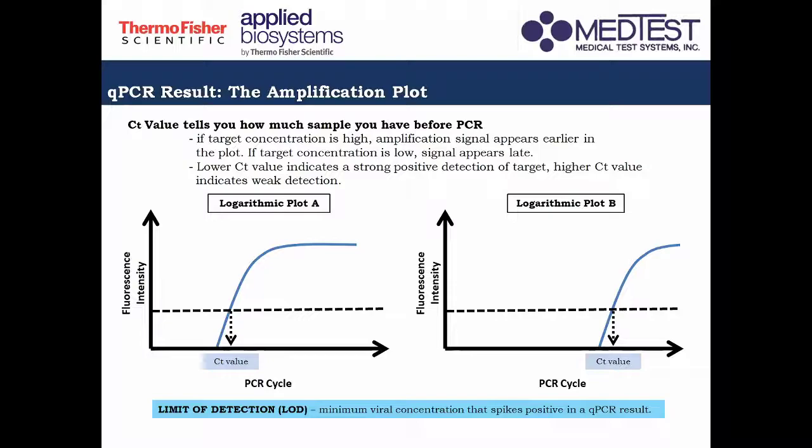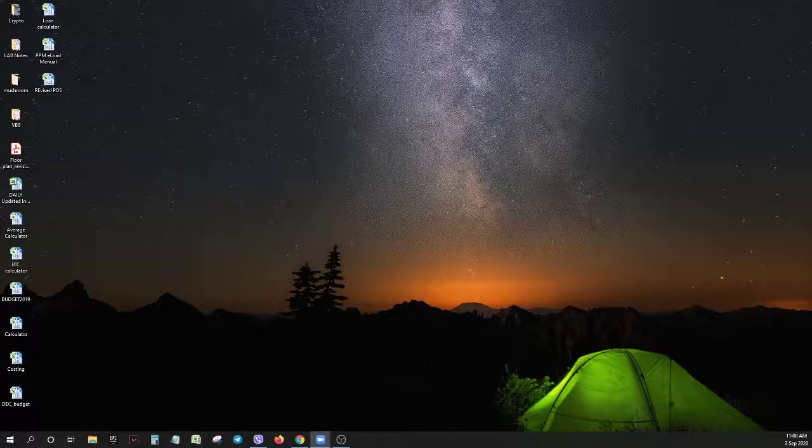Pag mataas naman yung CT value, ibig sabihin medyo late yung pag-appear ng fluorescence. So ibig sabihin weak yung detection na nakuha ng instrument natin. And this concept of the strength of your detection is what the limit of detection states, no?